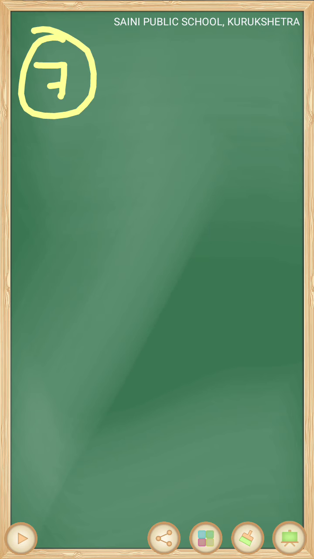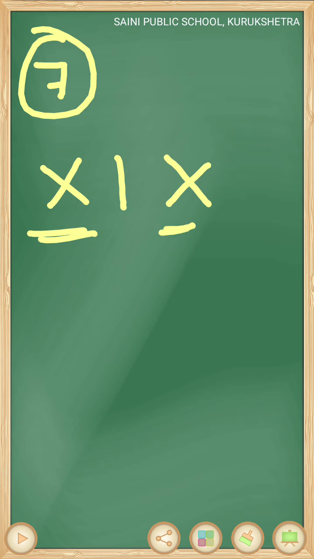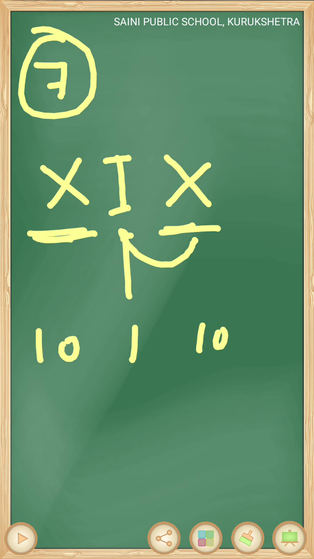Now, the seventh rule. The last rule, that is the seventh rule, says if a smaller Roman numeral is placed between two larger numbers, it is always subtracted from the value of the symbol on its right. For example, here I am writing X, I, X. The value of I is 1, the value of X is 10 and 10.